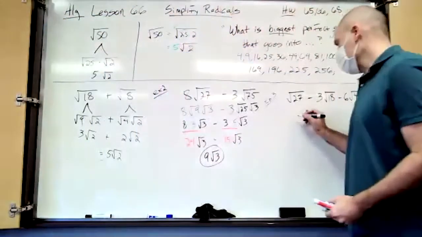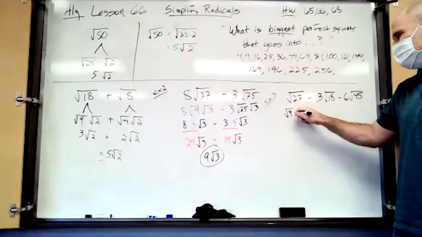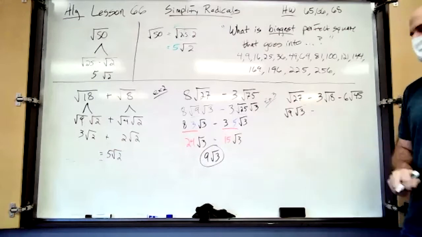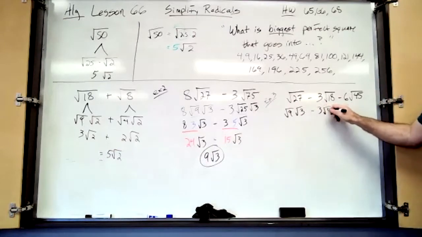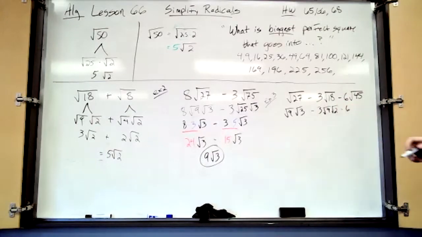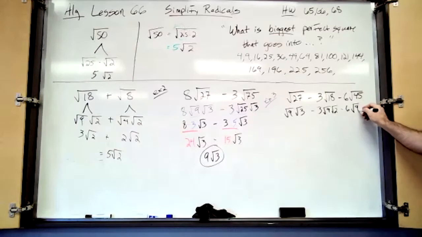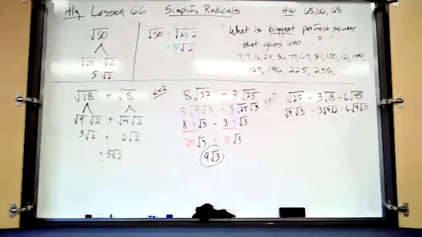Okay, so I'm going to rewrite radical 27 as radical 9 times radical 3. I'm going to rewrite radical 18 as radical 9 radical 2. And I'm going to rewrite radical 45 as radical 9 radical 5. Well, that's nice. We were able to take the same radical out of everything, but that doesn't help us. What matters is what we're left with.